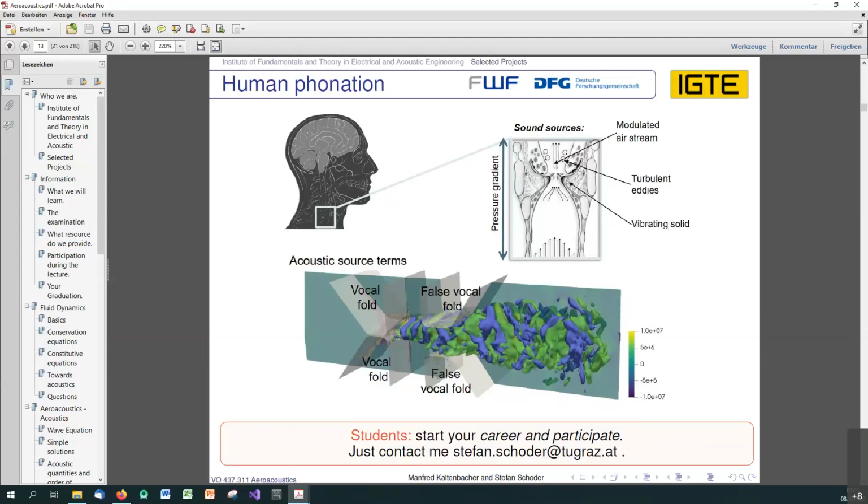So we have the vocal folds and then the false vocal folds. The vocal folds are the vibrating ones; the false vocal folds are just there to stabilize the flow, and then you can speak more efficiently.